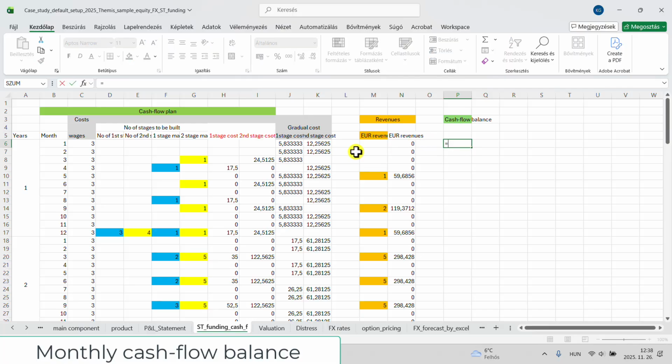So revenues minus wages minus first stage costs in manufacturing, then second stage costs in manufacturing, and also fueling costs.